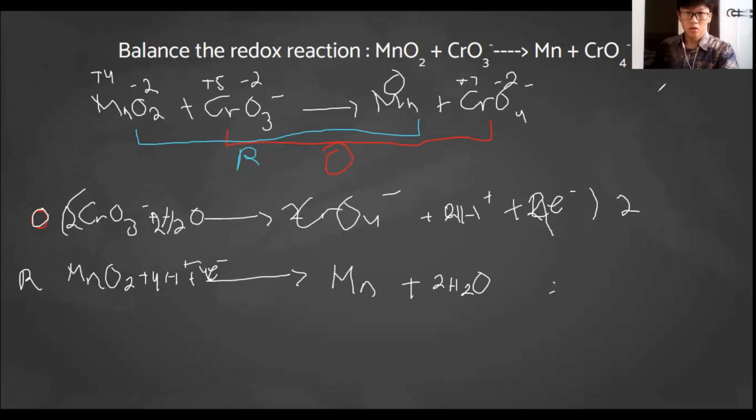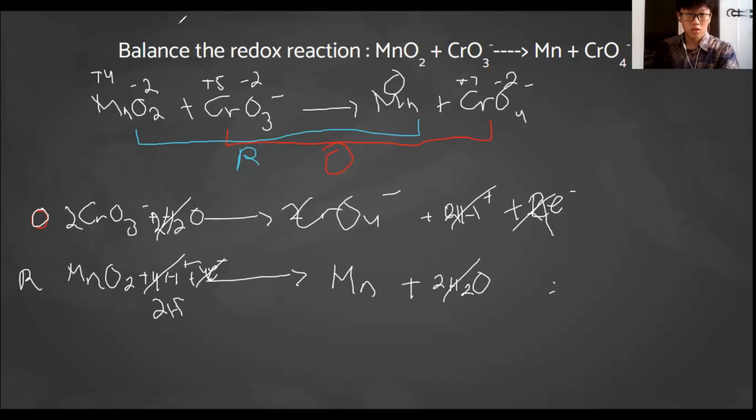Next, since we multiplied it by 2, the electron charge on the oxidation reaction will be 4, and it is the same as the reduction reaction, so we can cancel. And then we can cancel H2O since it has 2, and we can remove 2 H plus on the left side.